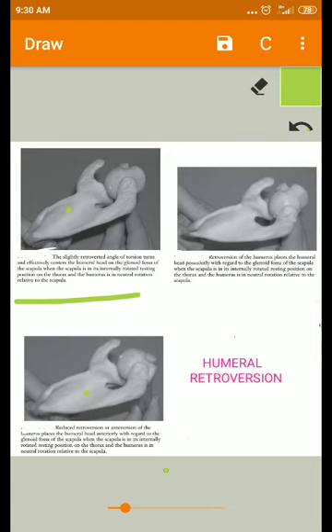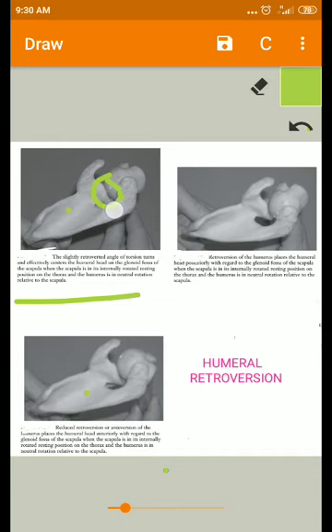So what happens here is that this normal retroversion of the humeral head increases the congruence of the glenohumeral joint by orienting the humeral head towards the articular surface of the glenoid fossa.